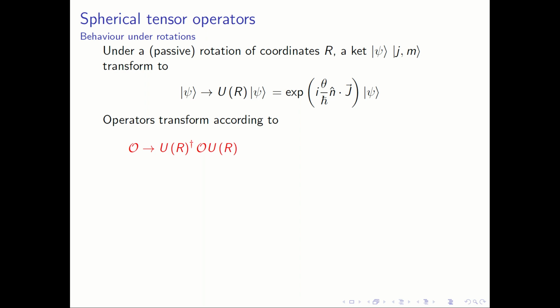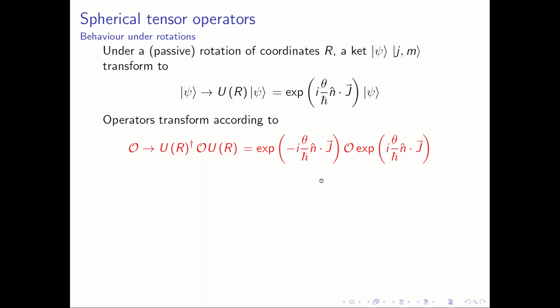In one, the ket changes; in the other, the one we are talking about now, the operators change. So of course, given that UR is given by this operator here, you get exponential of minus i theta by h cross n hat dot J, or exponential of i theta by h cross n hat dot J.